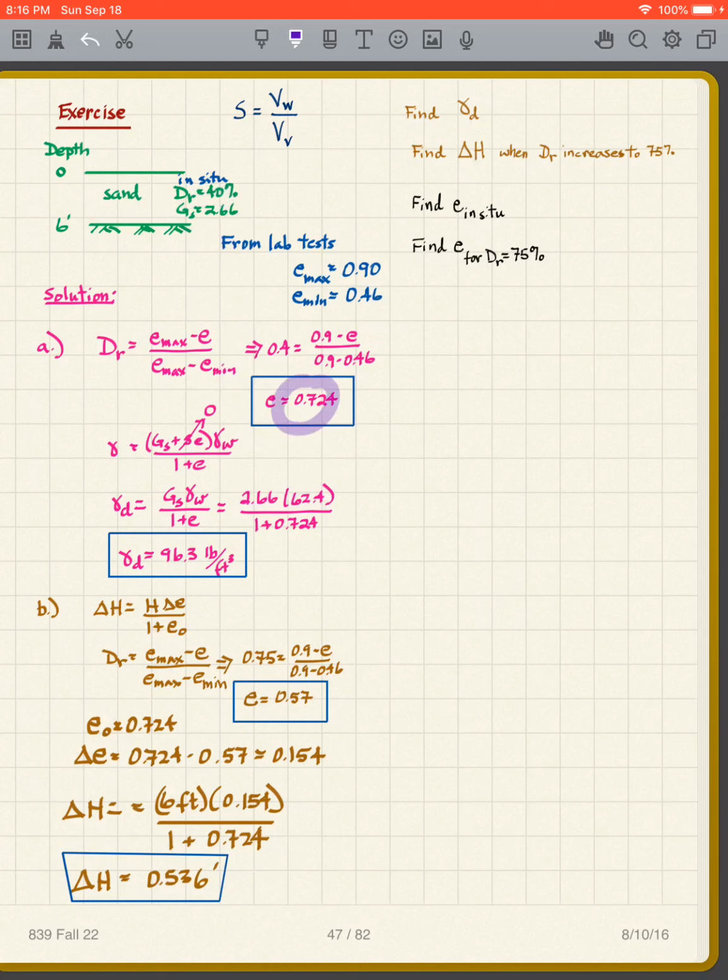And then we have our 0.724 as the E, and we get a gamma D for that soil of 96.3 pounds per cubic foot.